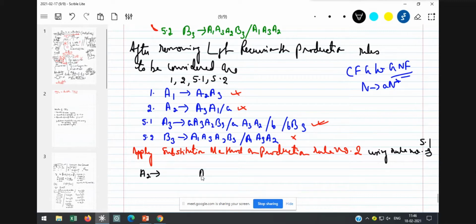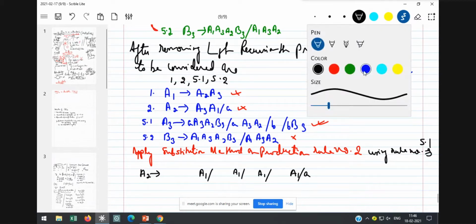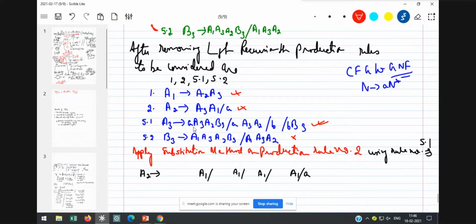So let me write A1, and then let me write A1 here, then A1, then A. Now, wherever I have left space, I'm going to write the A3 values.